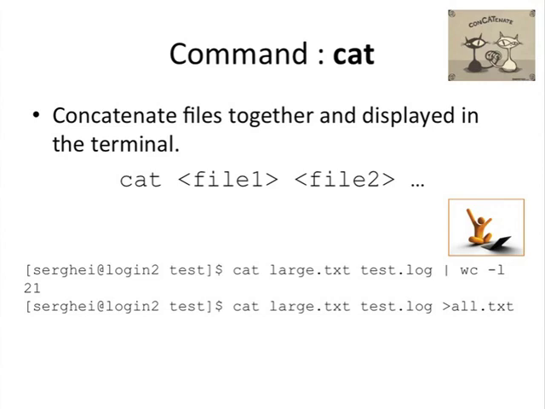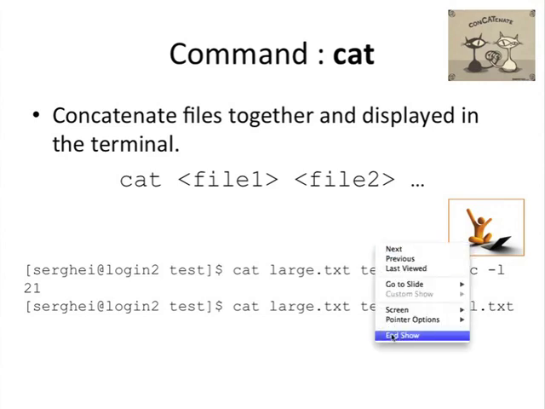For example here, you do cat file1 large.txt, file2, and then redirect it to a new file. Also, you can count how many lines there are in both files. You concatenate first, and then pipe and count how many lines. So 21 lines in both files.